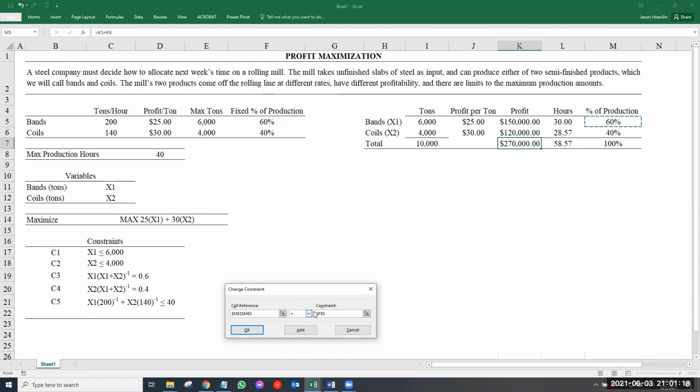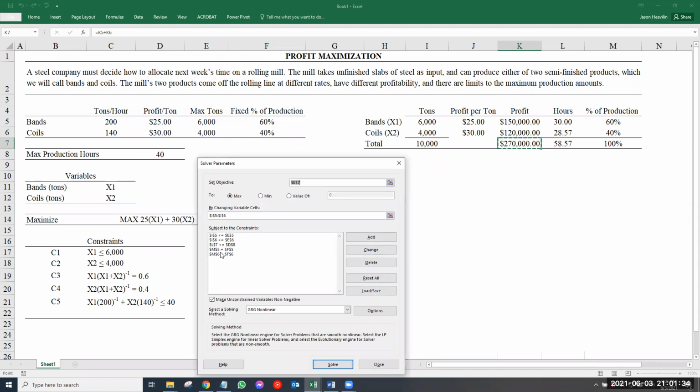M5 has to be equal to F5, which is this one here. And now we can hit OK. And that's how you fix it. Now we have it correctly done.